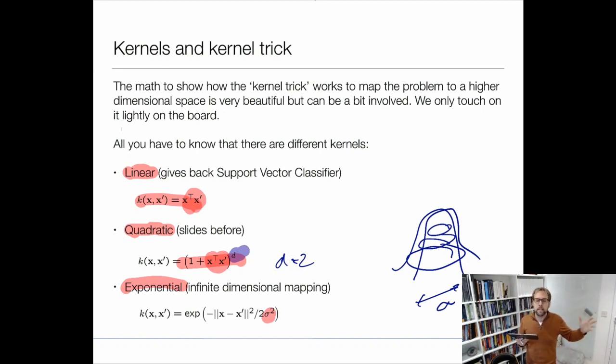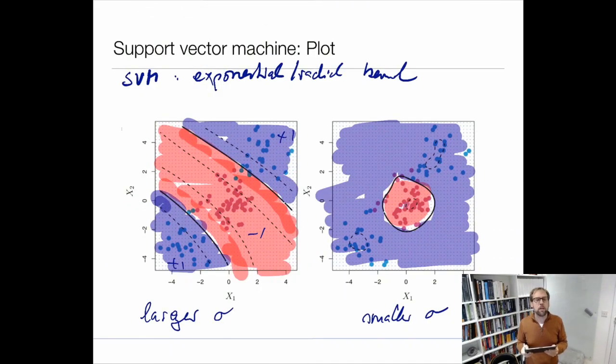The higher the d, the more nonlinear the model is. Or it could also be this sigma here. The smaller the sigma, the more nonlinear the model would be. And again, I would have to do some cross-validation to find the best value of d or the best value of sigma, which gives me the optimal model here. And this is really all which I wanted to say about the support vector machine, and that brings us to the conclusion.